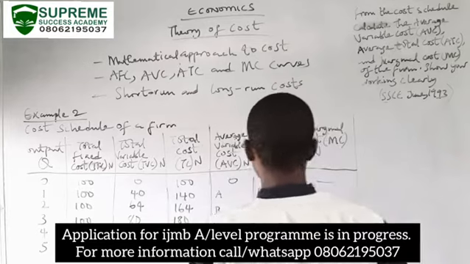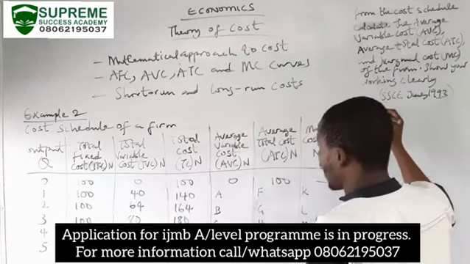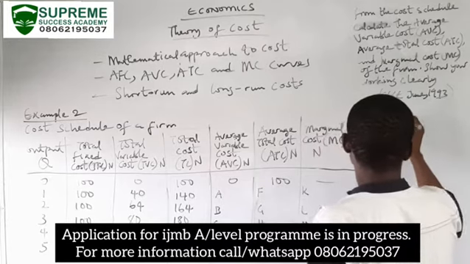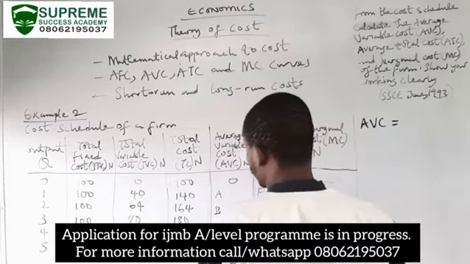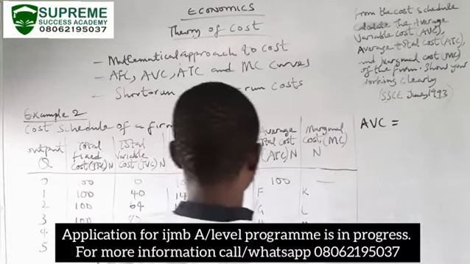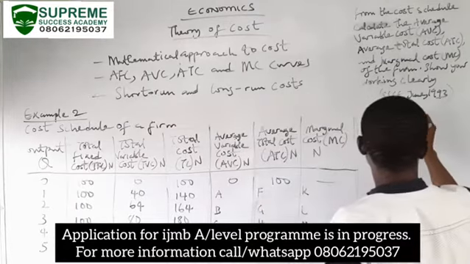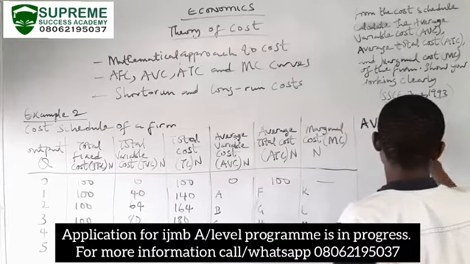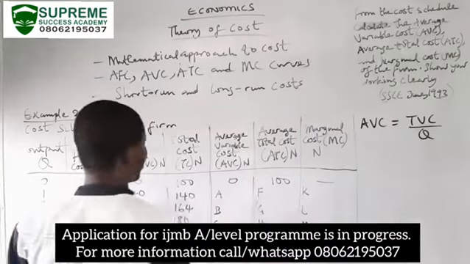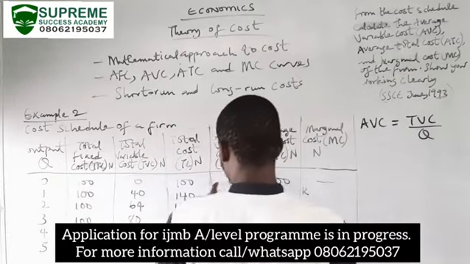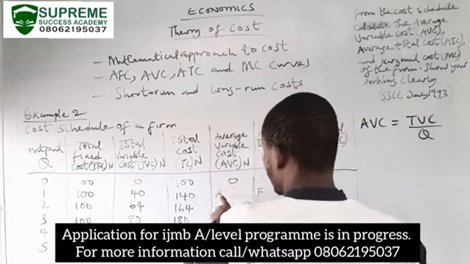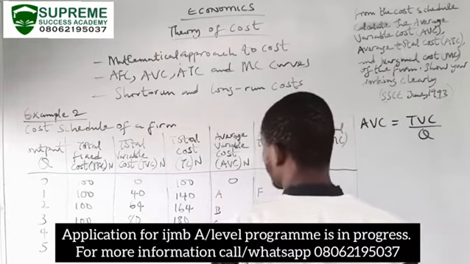So the first approach, average variable cost, AVC. Remember that average variable cost is total variable cost divided by output. Remember, our output is represented as Q. For the 0 output, we give 0 as the average variable cost.